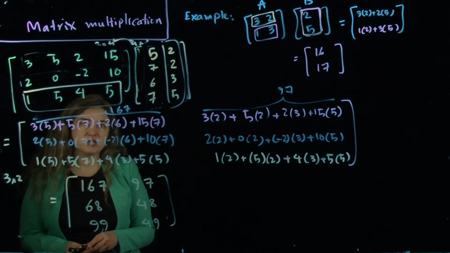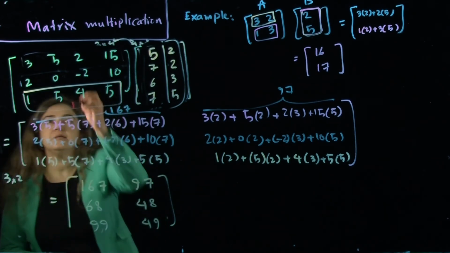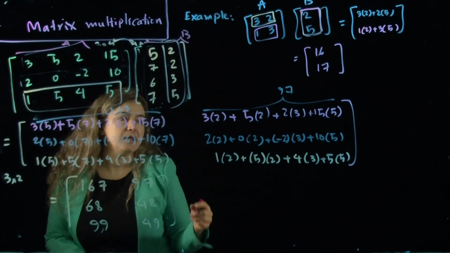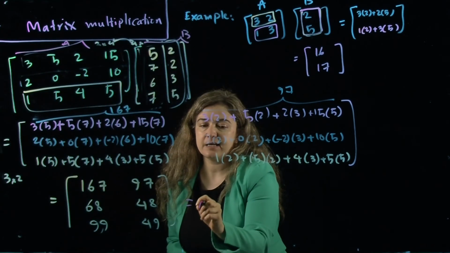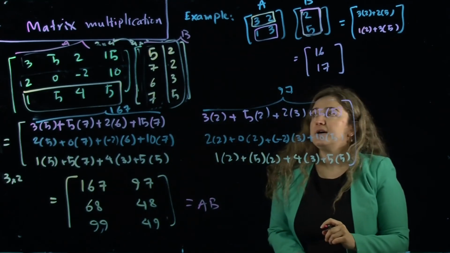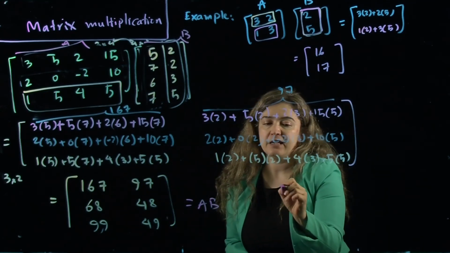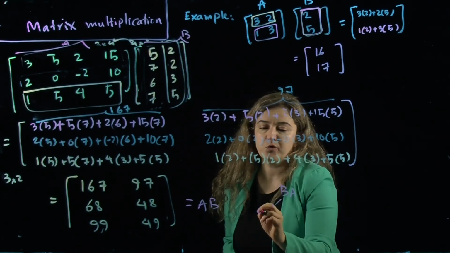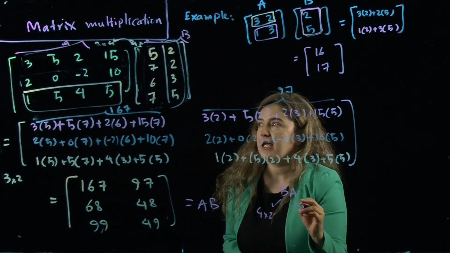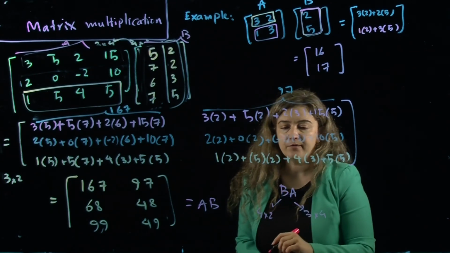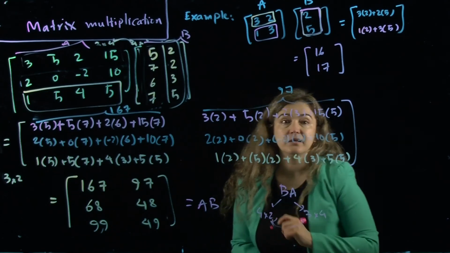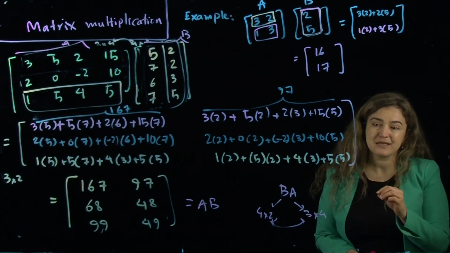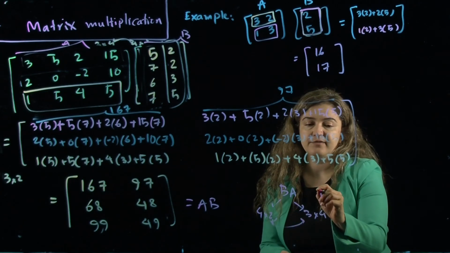Last thing that I want to mention, so this was, if this is matrix A and this is matrix B, we define AB, and this is A times B. The question is, is BA defined? B was 4 by 2, A is 3 by 4, and the middle two dimensions are not the same, therefore this is not defined.